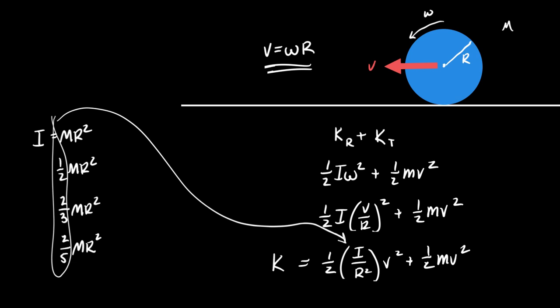Now, the biggest thing to take into account here is things that are rolling have more energy than things that are sliding because they have two forms of energy at once, both rotational and translational kinetic energy. This is going to play a lot with all those conservation of energy problems we've done.